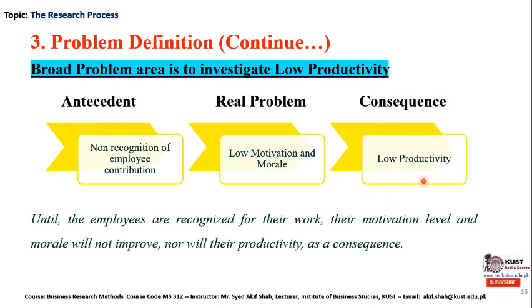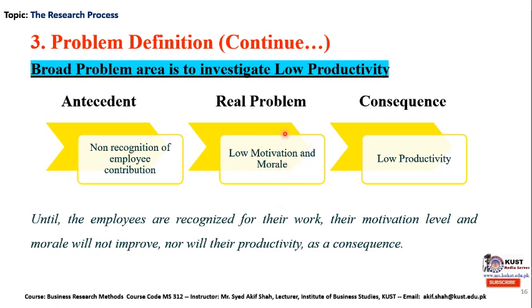So a researcher must be clear about what is the real problem, what are the symptoms, what is the consequence, and what is antecedent. So this was actually the consequence, which is the low productivity in the organization. And there might be some real problem which is influencing the low productivity of the workers, which could be low motivation level and low morale.